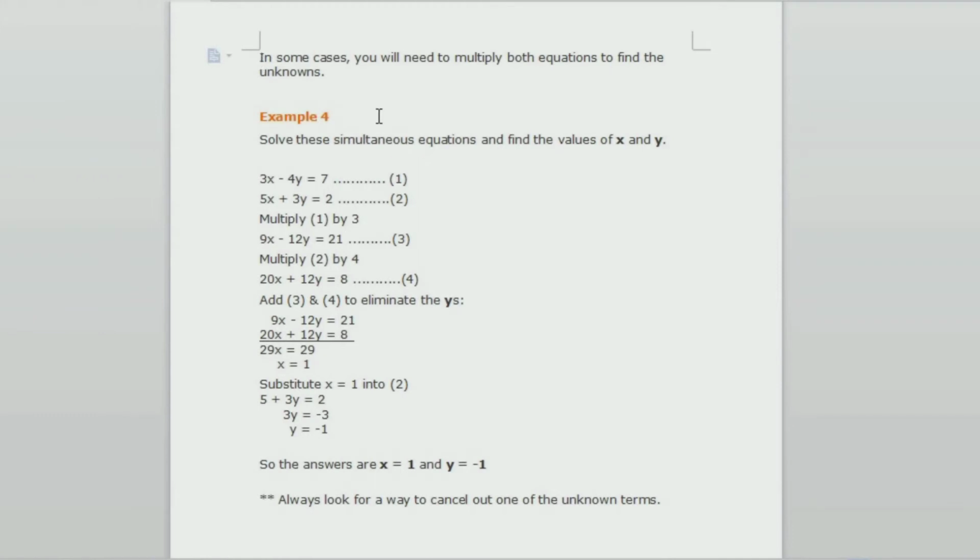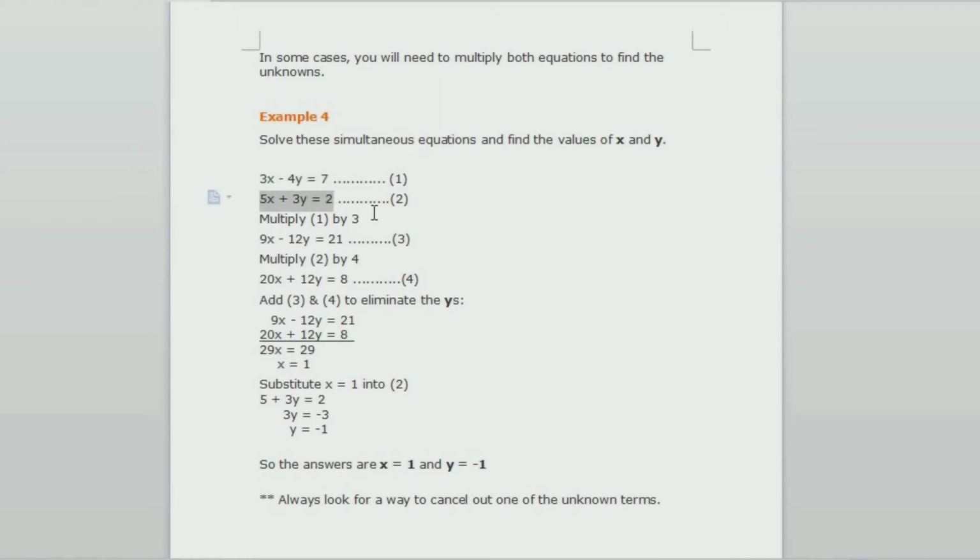But in some cases, you need to multiply both equations to find the unknowns. For example, the simultaneous equations here, 3x minus 4y equals 7, 5x plus 3y equals 2.